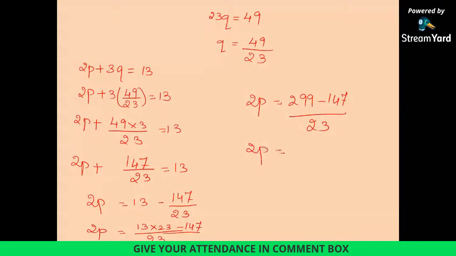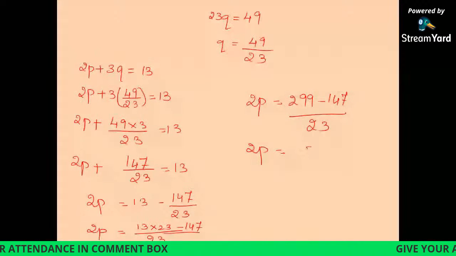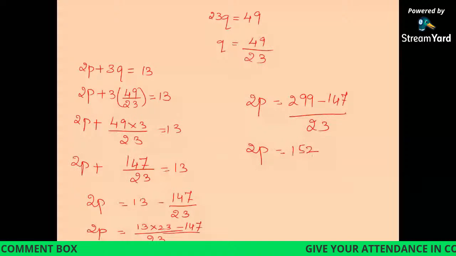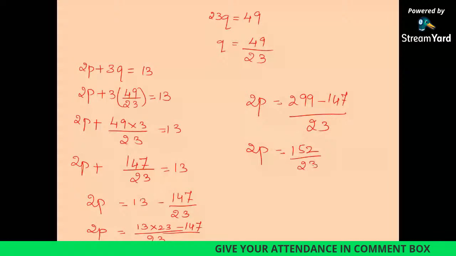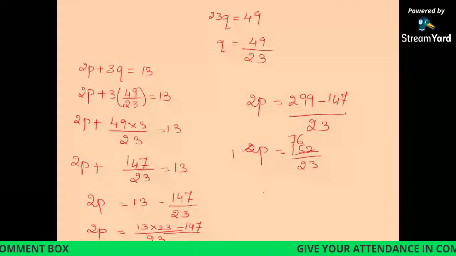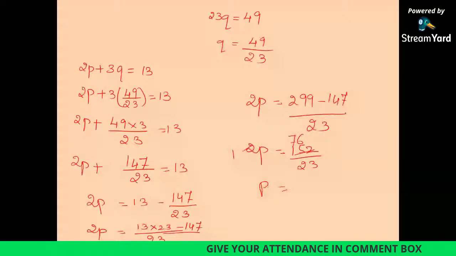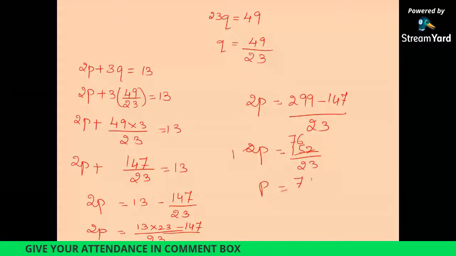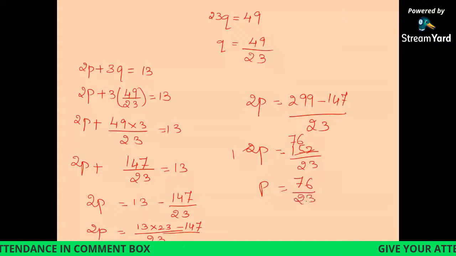Finally, 2p is equal to 152 divided by 23. Then 2 ones are 2, and you are going to get p is equal to 76 by 23.